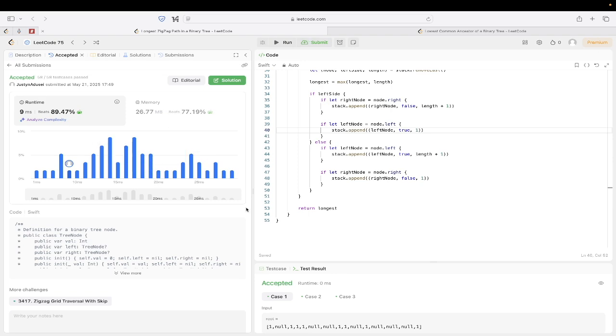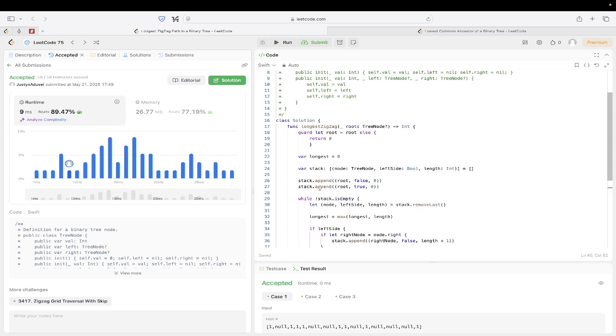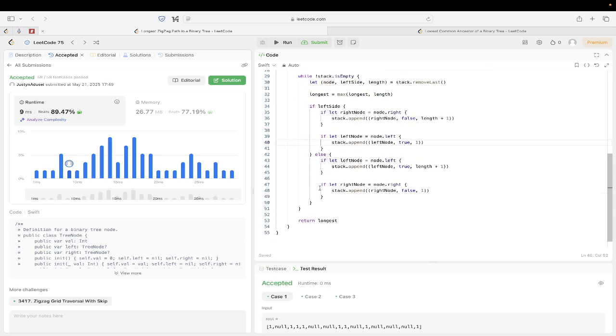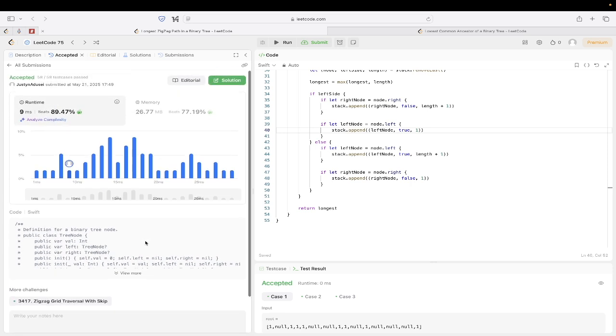So I should have been using 1 instead of 0. Okay, 9 milliseconds, 89%, which is crazy that there's other people that got lower.